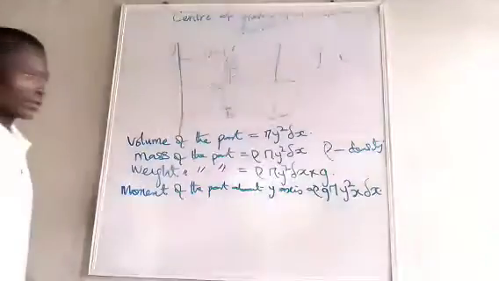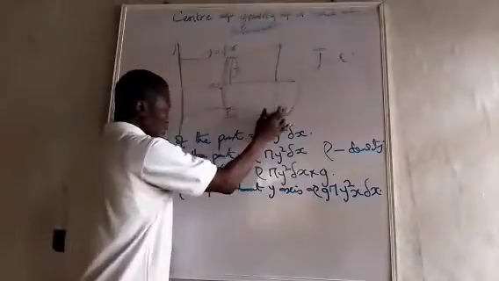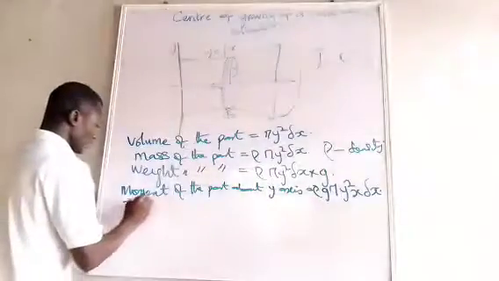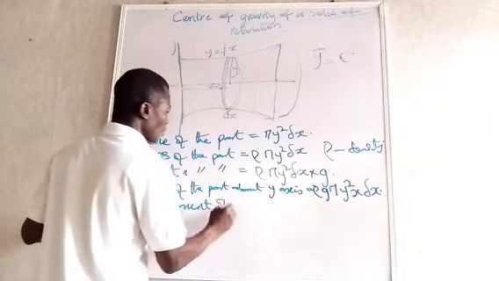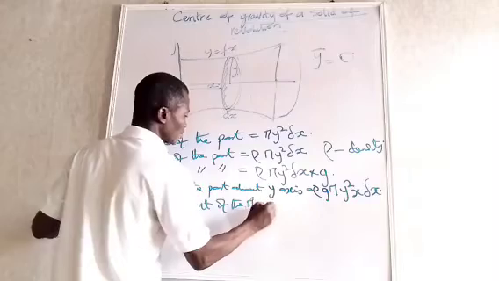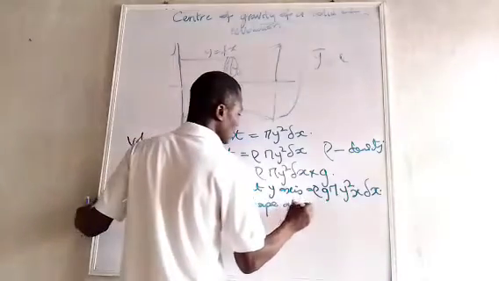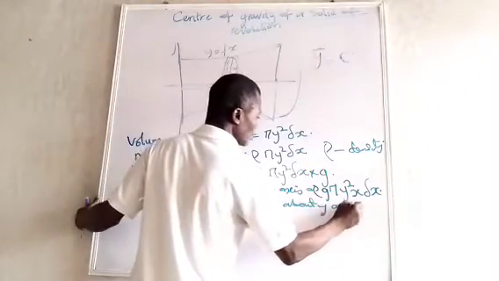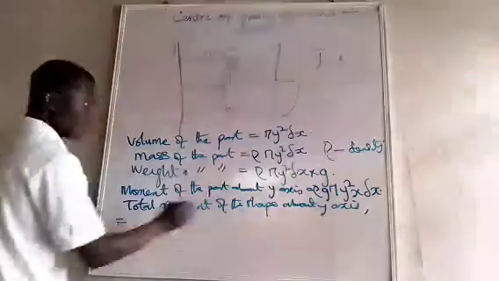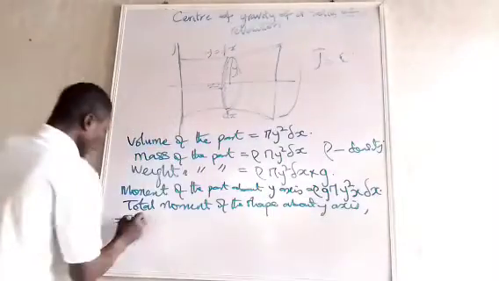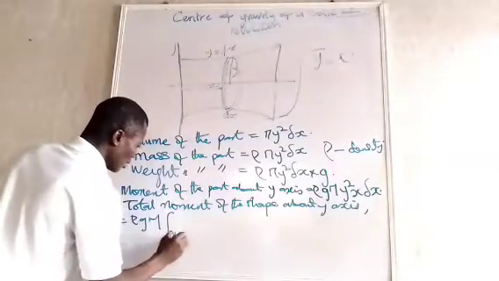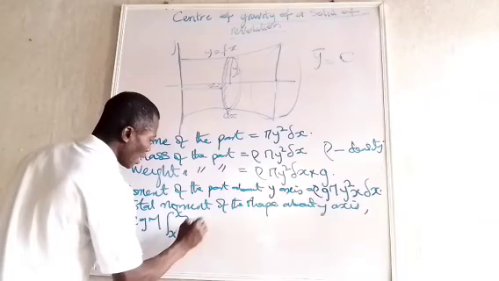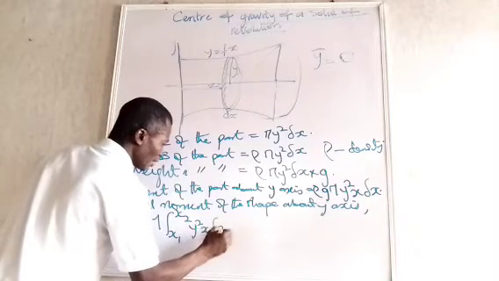If we take it from one part to the other, the total moment of the shape about the y-axis will be equal to rho g pi, integral from x1 to x2 of y squared x dx.